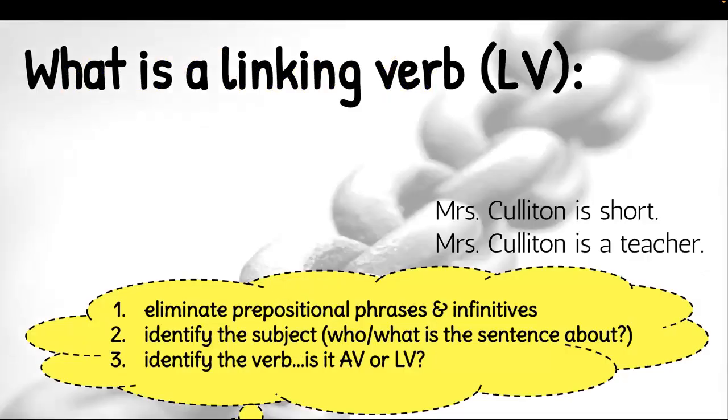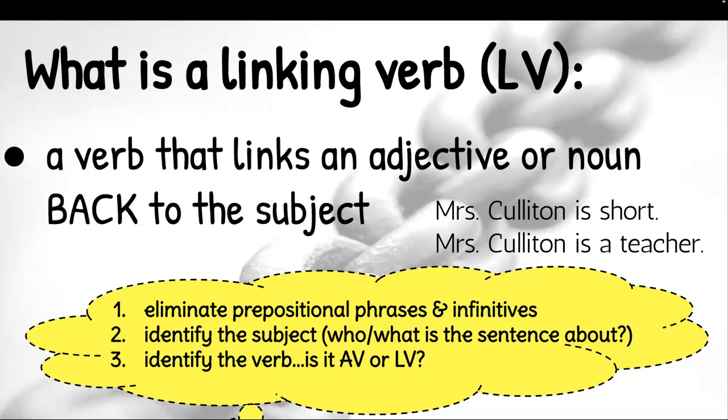Now, what is a linking verb? A linking verb is a verb, so it's a word that expresses some type of action or connection to the subject. In this case, it's a verb that links, and that's what we're going to use because it connects or links a noun or adjective back to the subject. So in this case, we see the same verb here, is.